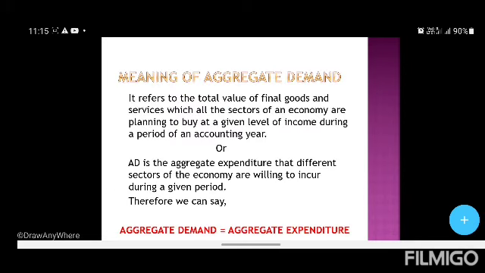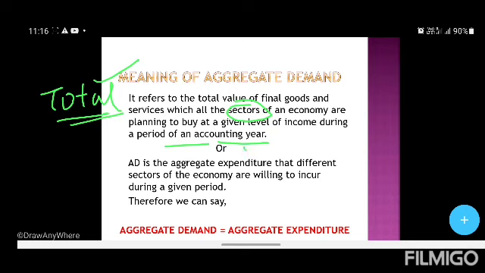First we have meaning of aggregate demand. It refers to the total demand for final goods and services in an economy during a year. एक साल में, एक अकाउंटिंग ईयर में सारे सेक्टर्स से कितनी डिमांड आ रही है, that total demand is called the aggregate demand.